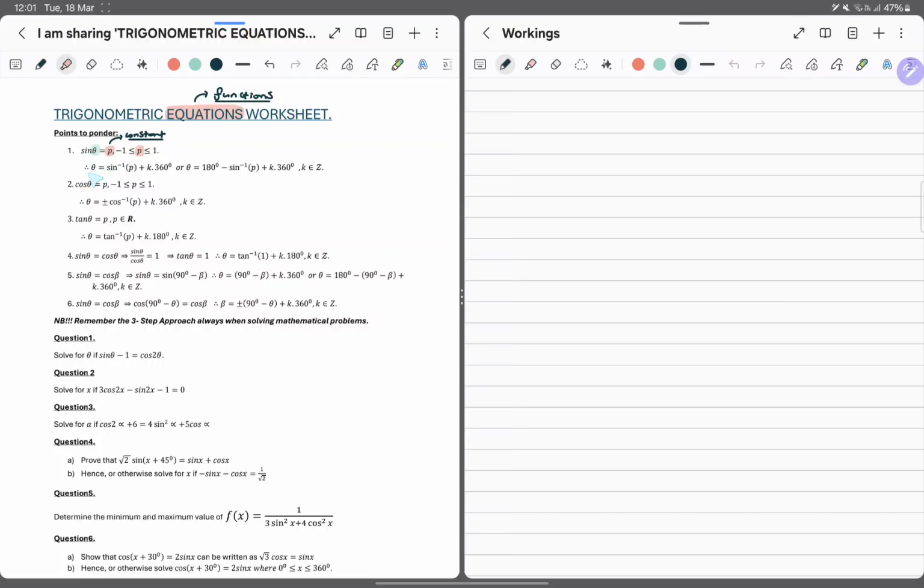Therefore, when we solve for theta, we take the inverse of sine of that value p, and we add 360 to it. Now this defines an angle in the first quadrant, because we assume theta is some acute angle in the first quadrant.